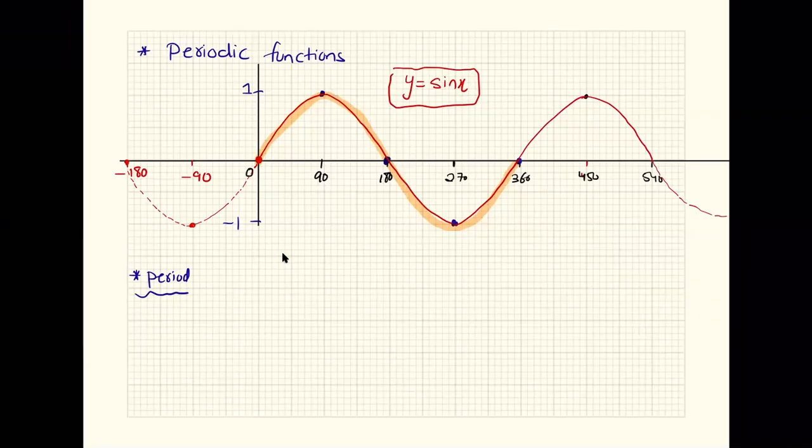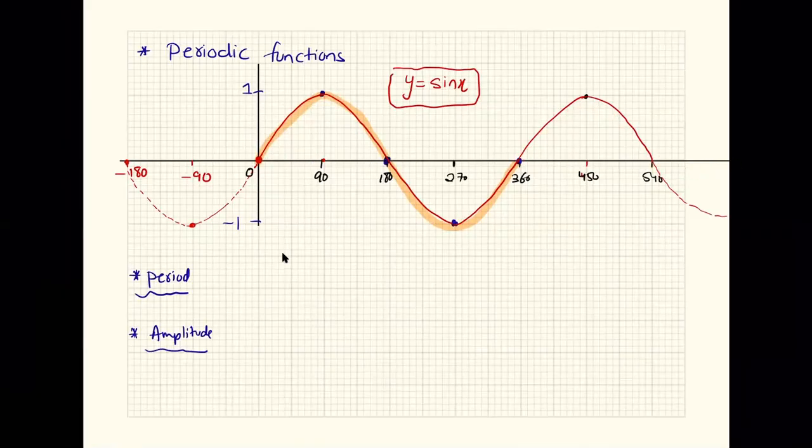The next thing is the amplitude. Amplitude is the distance between a maximum point and the principal axis. For example, this x-axis is the principal axis, because the entire function of sin x oscillates around it. It's the center line.